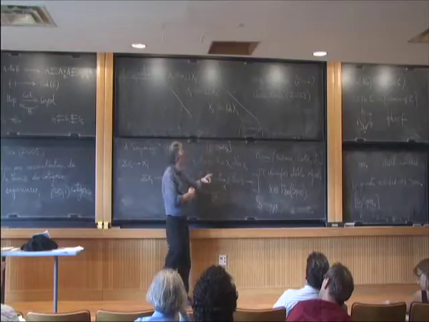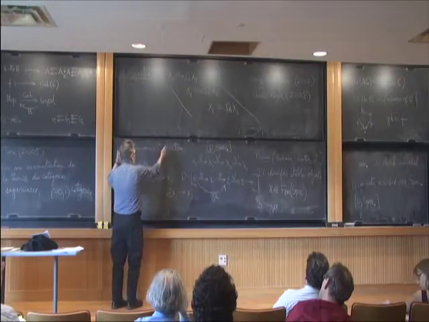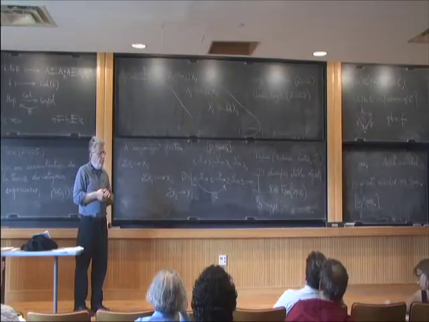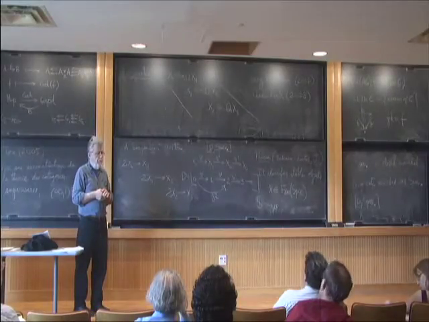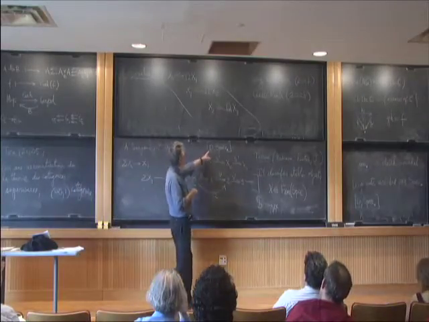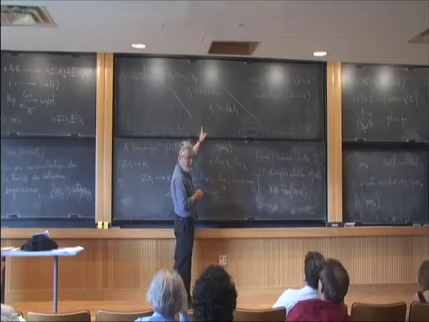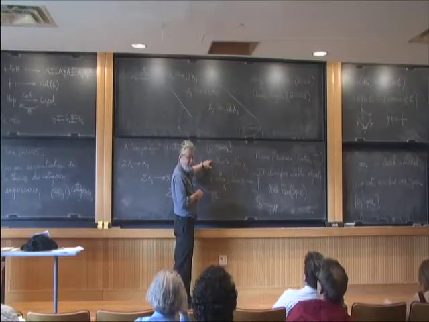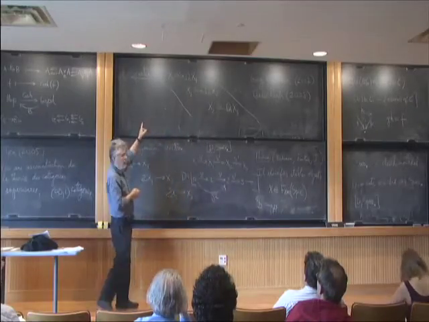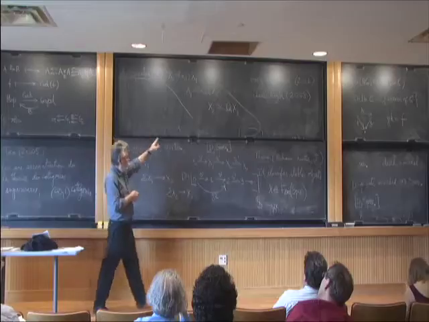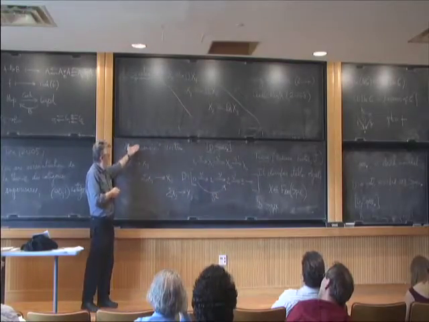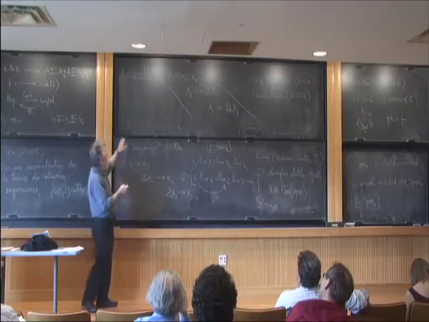And therefore, this category of spectra forms a locus. Now this is a left exact localization of this one. The category of spectra is a left exact localization of the category of pre-spectra. Why is that?